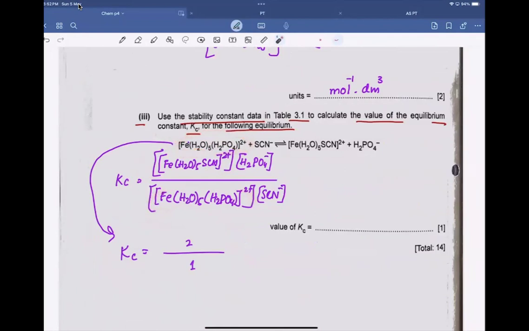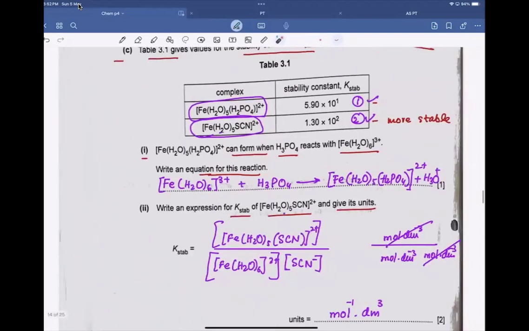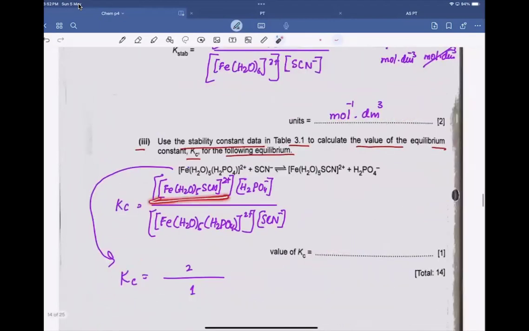Is this understandable? So when we put the values of K stability, the complex which is in the numerator, we put its value in the numerator, and the complex which is in the denominator, we put its value in the denominator only. Because see these complexes' positions over here.